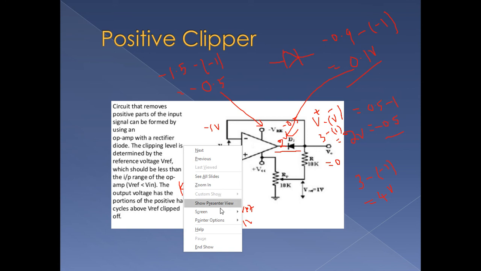So the condition is: suppose Vin is greater than Vreference, the diode will be in off condition, I won't get any output, V0 is equal to 0. Suppose Vin is less than Vreference, at that time I will get output.